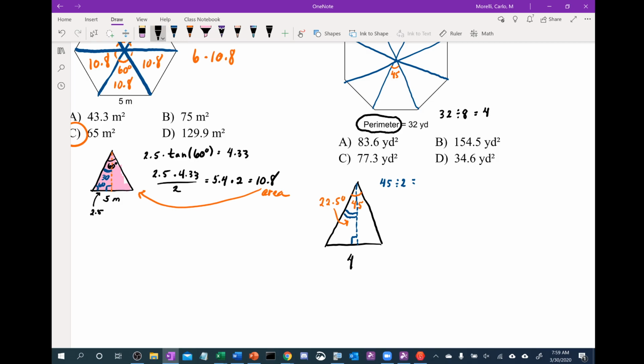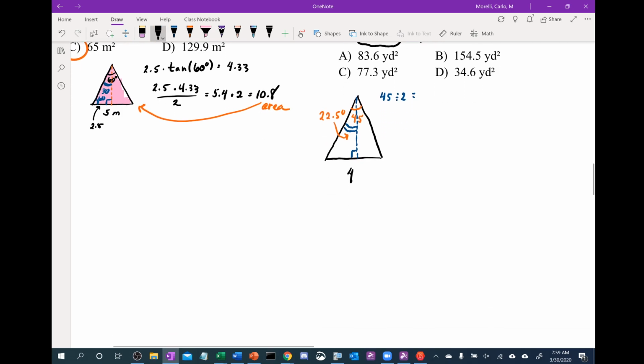Okay, so here's the situation we face. We got to figure out what this angle is now. All right, so we have another little shape here. Here's this little half triangle here.